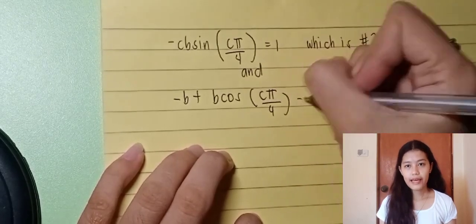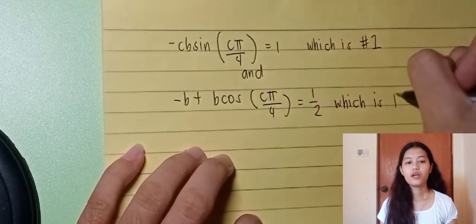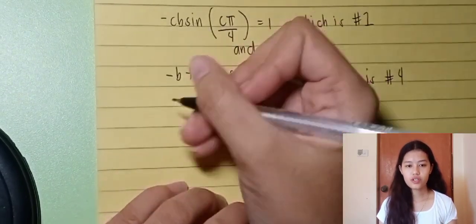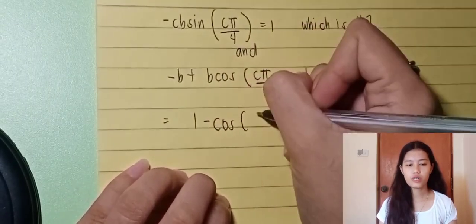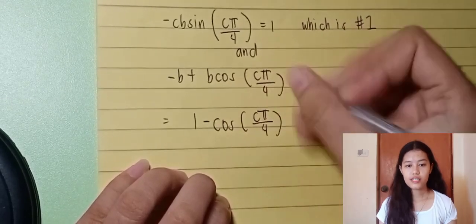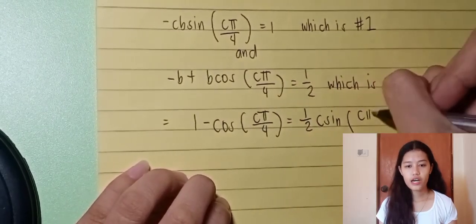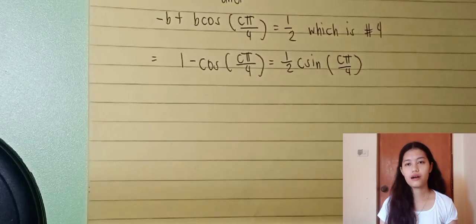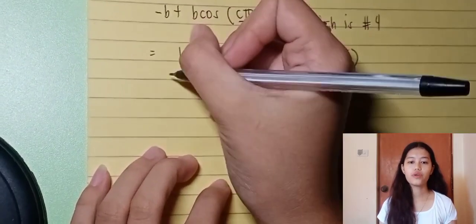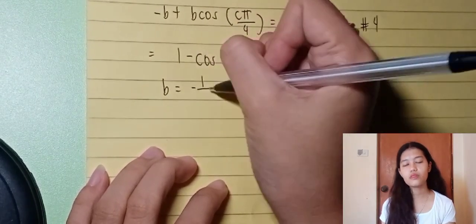If we combine 1 and 4, we will get 1 - cos(cπ/4) = 1/2 c sin(cπ/4). If we get the solution of that given, we will get c = 2.